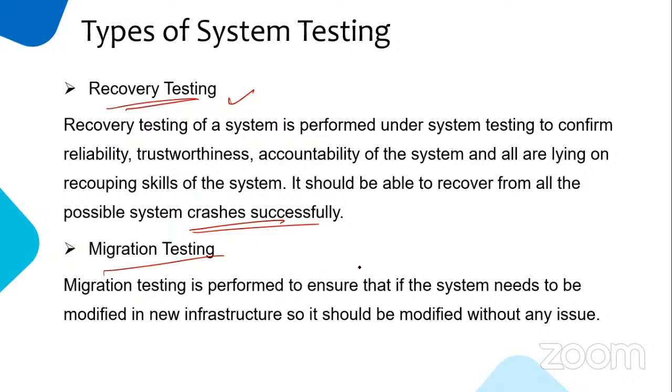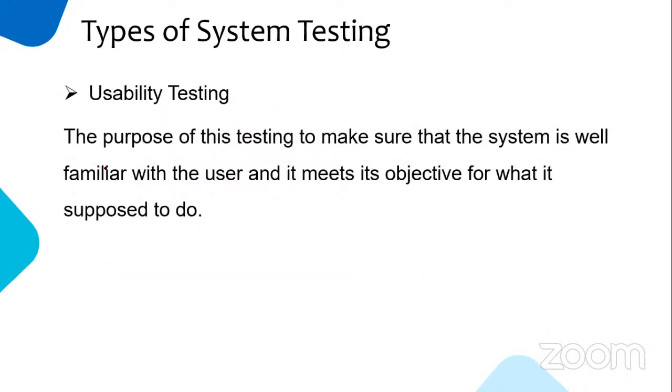Migration testing, because infrastructure keeps updating, checks whether it works in the latest one or not. Usability testing checks whether the application is easy for users and meets the objective. For example, for color blindness, whether it is easy to access every option. So many levels of testing are there.